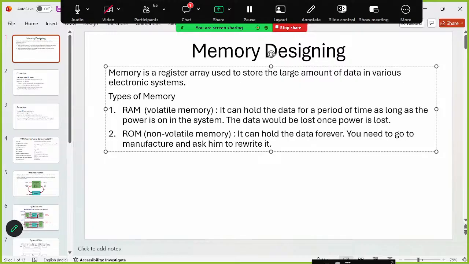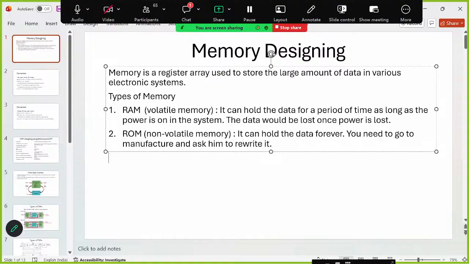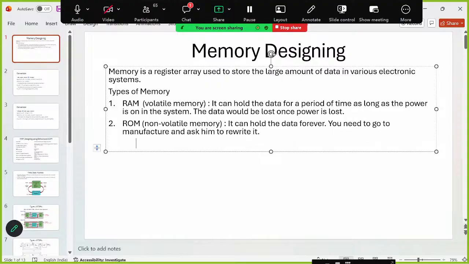Now there are some variants of ROM nowadays, where we also have the ability to write the data. Just like we have PROM, programmable read-only memory, UV-PROM, ultraviolet erasable programmable read-only memory, then EEPROM, electrically erasable programmable read-only memory. Nowadays, flash memories are there.